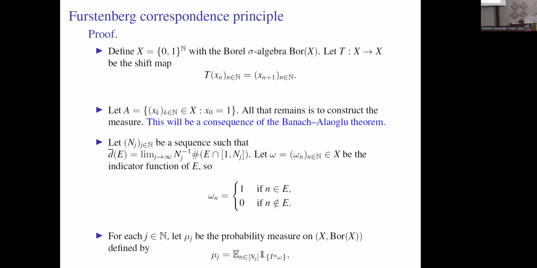This is the average of the characteristic function of the n-th iteration of omega. In other words, we consider all sequences that start from the n-th digit of omega, and the j-th element from this sequence is the one for which this quantity has this limit.